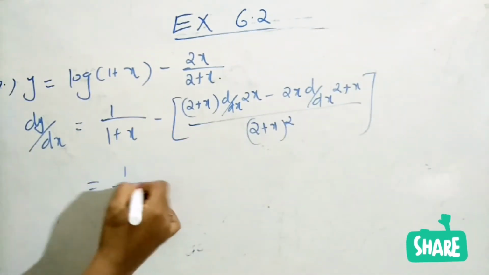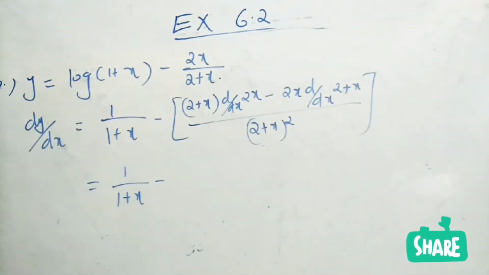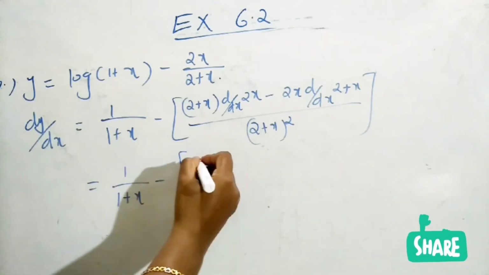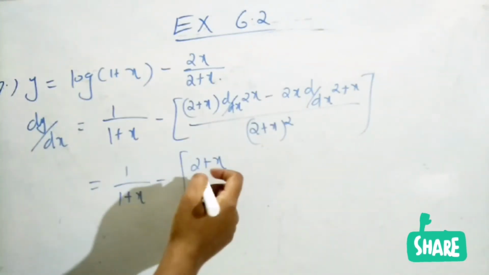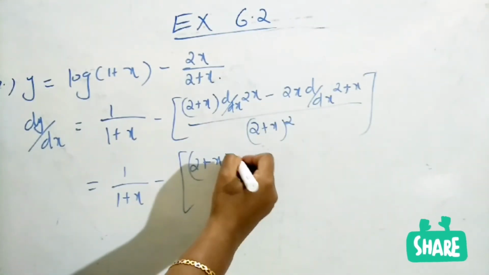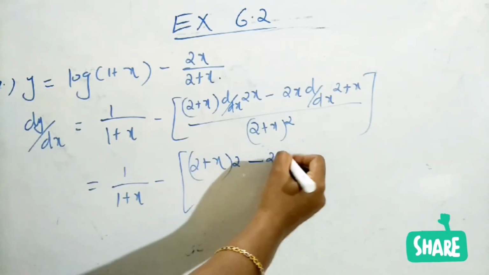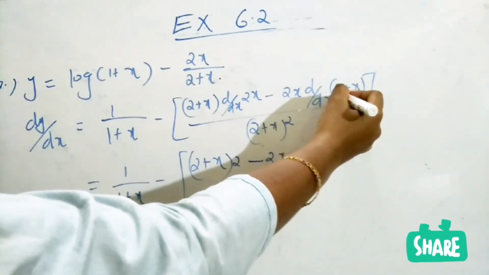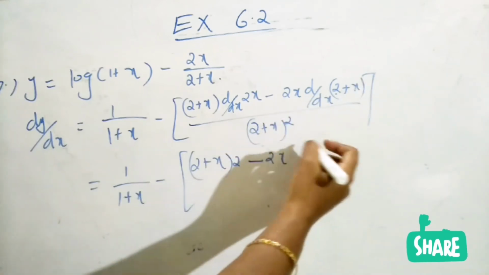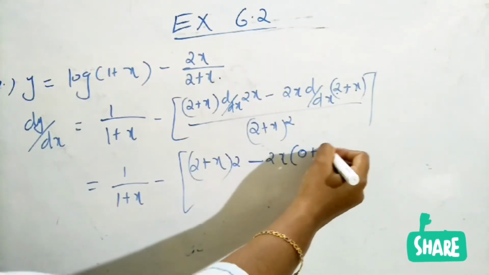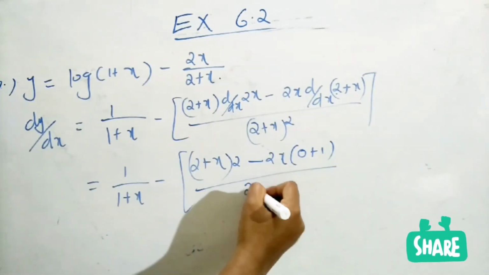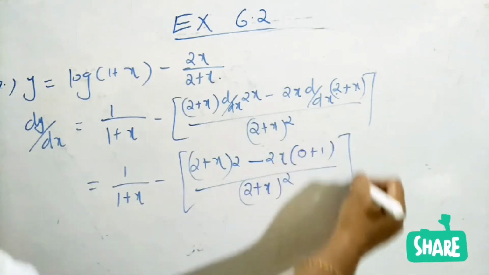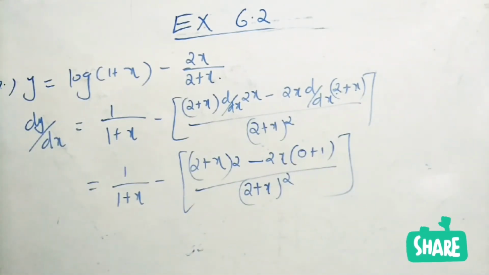And this is equal to 1 divided by 1 plus x minus 2 plus x into the derivative of 2x, which is 2, minus 2x into the derivative of 2 plus x, which is 0 plus 1, all divided by 2 plus x all square.